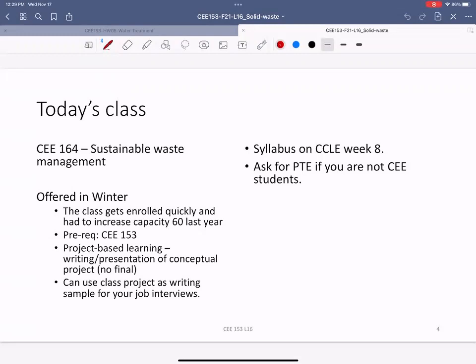If you are not in the civil engineering department, you have to ask me for a PTE for early enrollment. So if you are in this class and want to enroll, send me an email and I'll give you the PTE. But if you are a civil engineering student, you don't require any PTE. You can enroll directly.